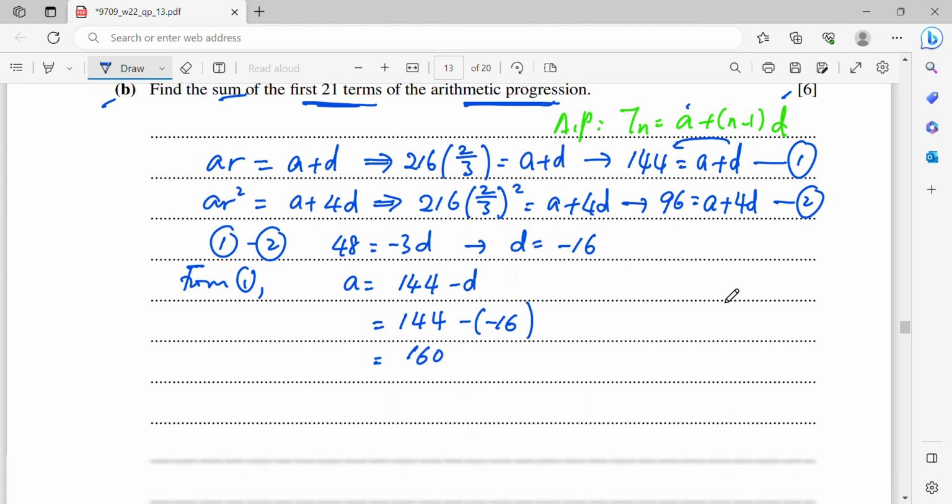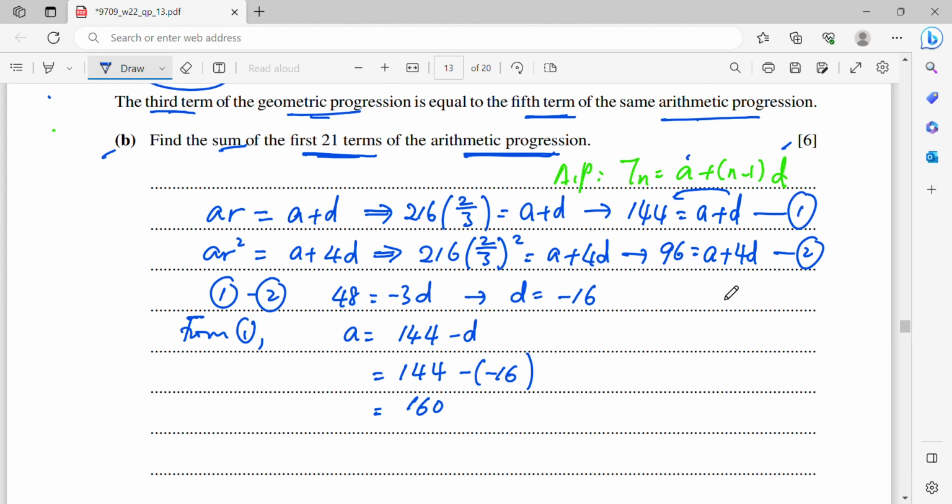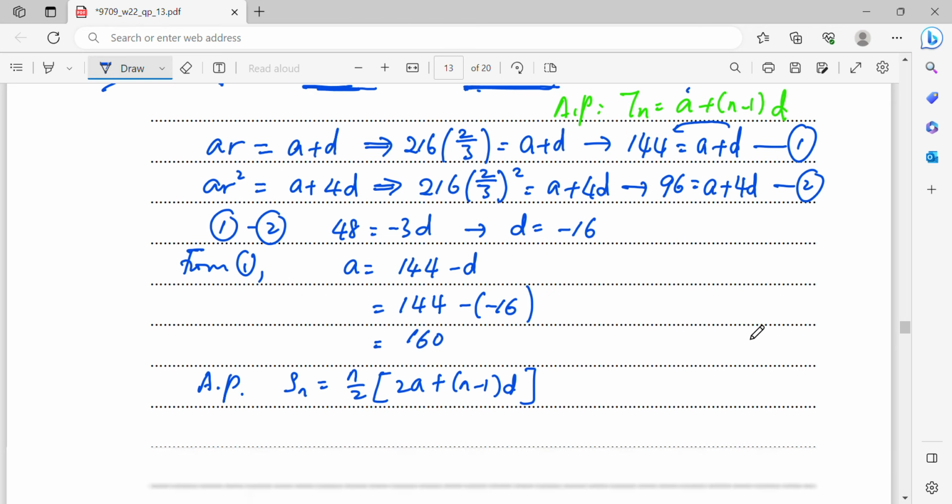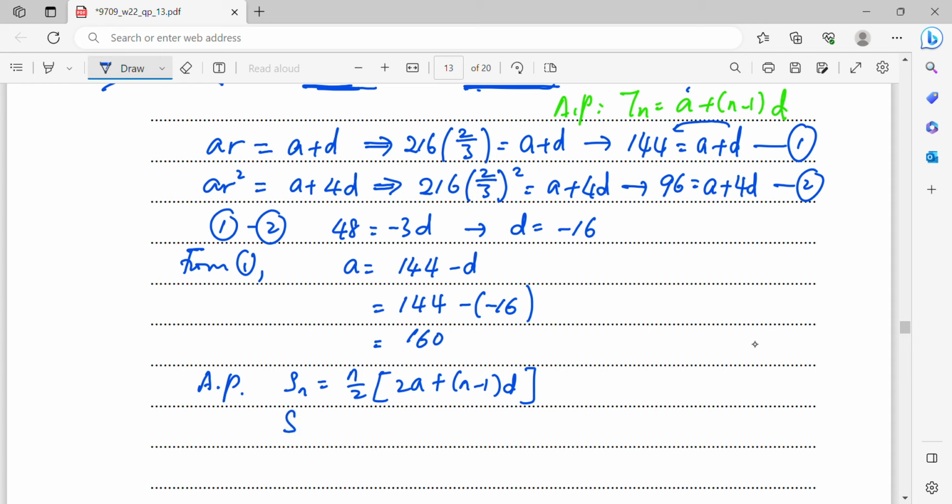Okay, so now go back to the question. Sum of the first 21 terms of the arithmetic progression. So for arithmetic progression, Sn is n over 2 bracket 2a plus n minus 1 times d. So now my n is 21 because it is the sum of the first 21 terms.